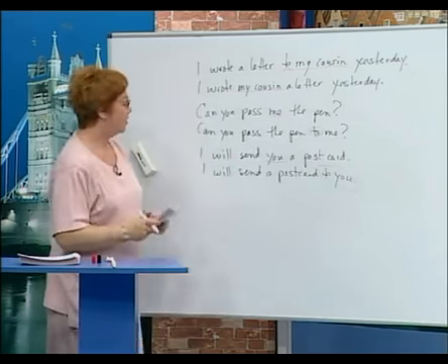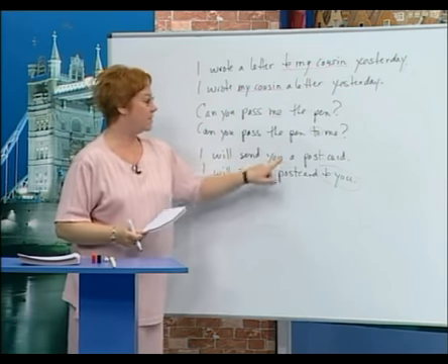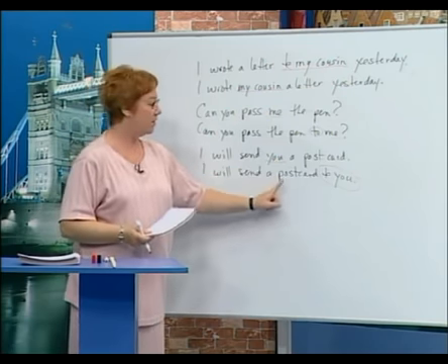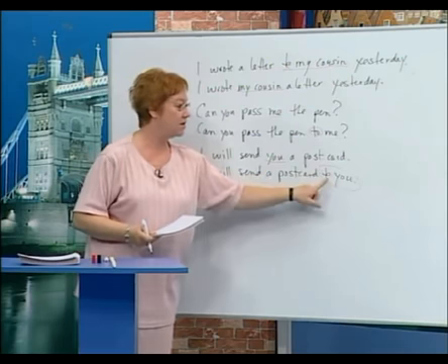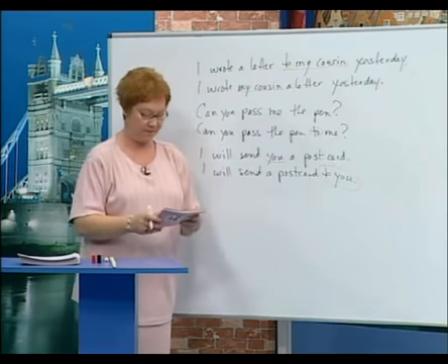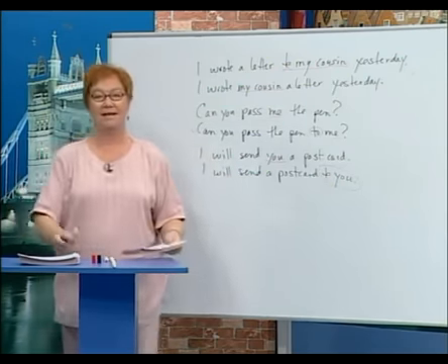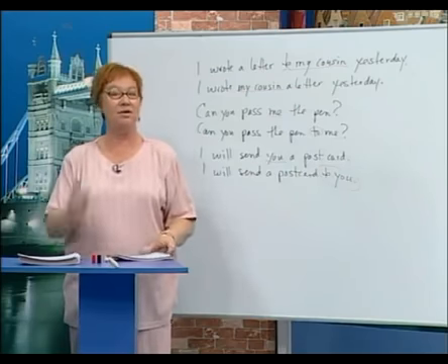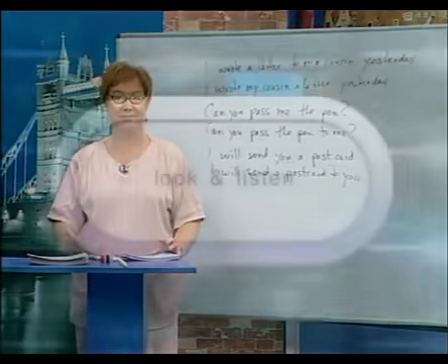So when it comes before the object, no "to," no "for." When it comes after the direct object, we have "to" or "for." All right. Now it's time to look and listen.